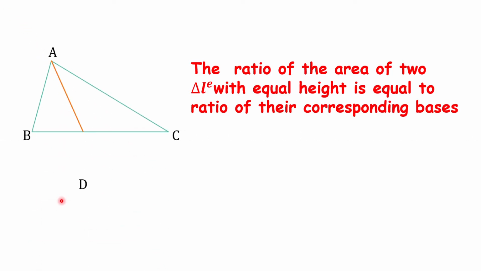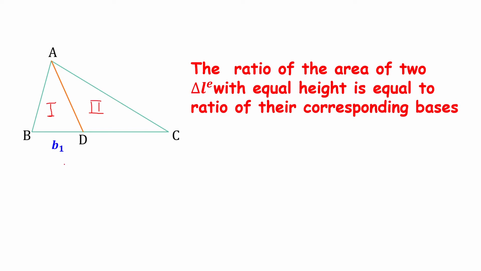we draw a segment AD such that point D lies on the side BC. Here we get two triangles. ABD is the first triangle and ADC is the second triangle. BD is the base of first triangle.